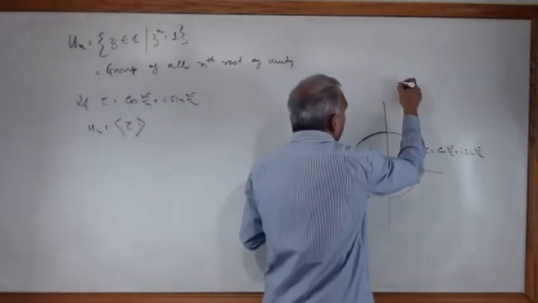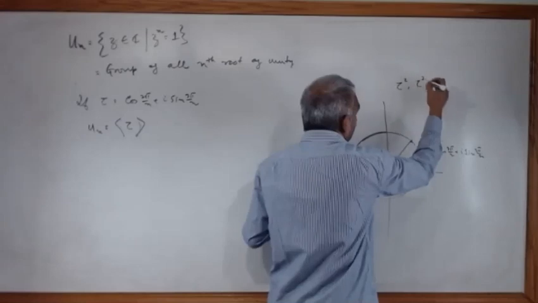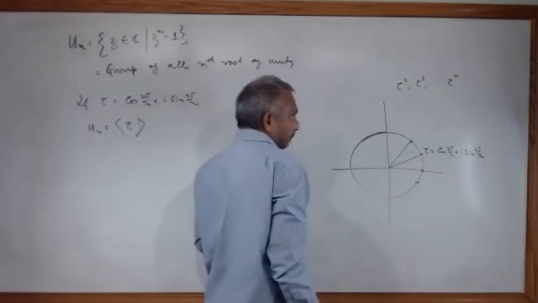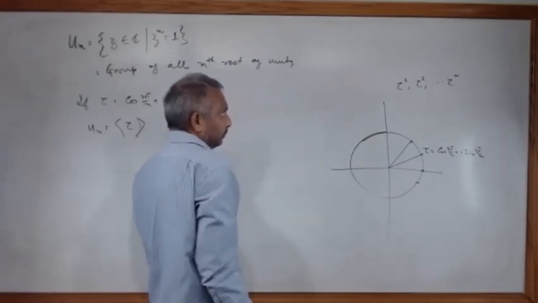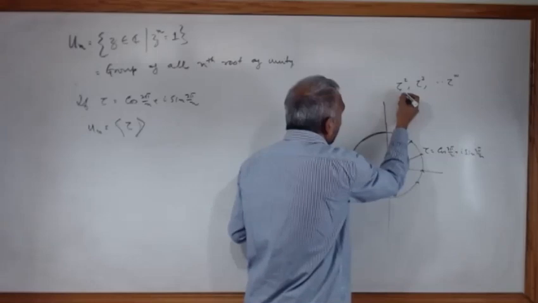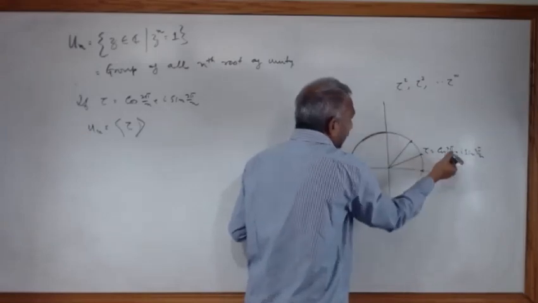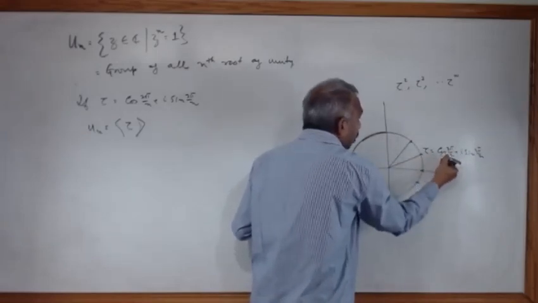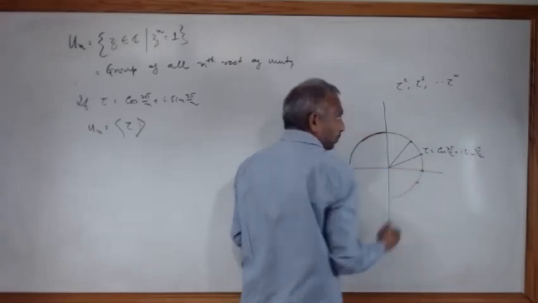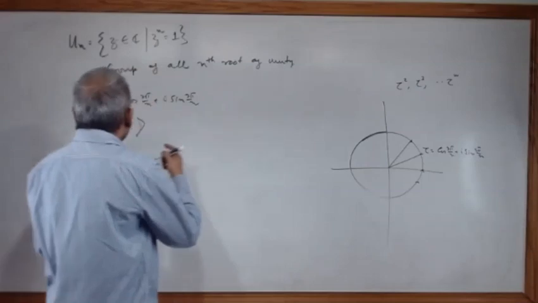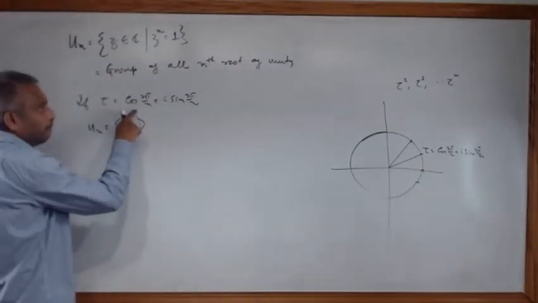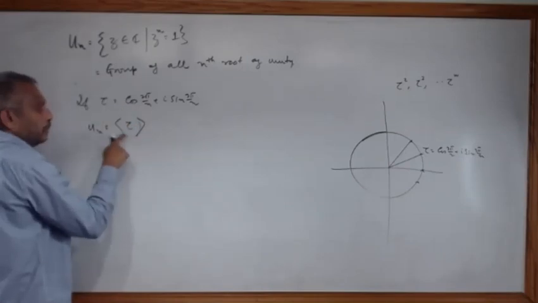So second point will be zeta square, zeta cube, then zeta to the power of n. See, when you multiply zeta times zeta, this will become cos 2 pi by n times 2 plus i sine 2 pi by n times 2. So this is actually generated by zeta. So it's a cyclic group.